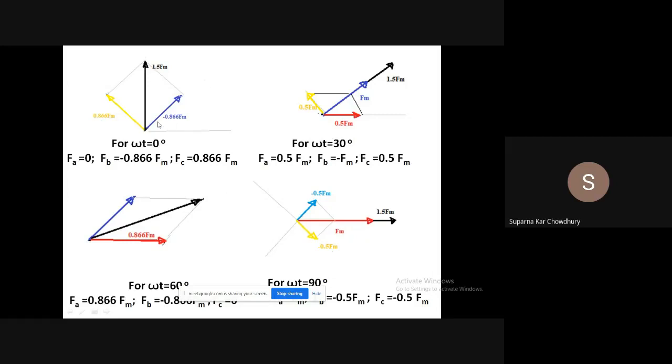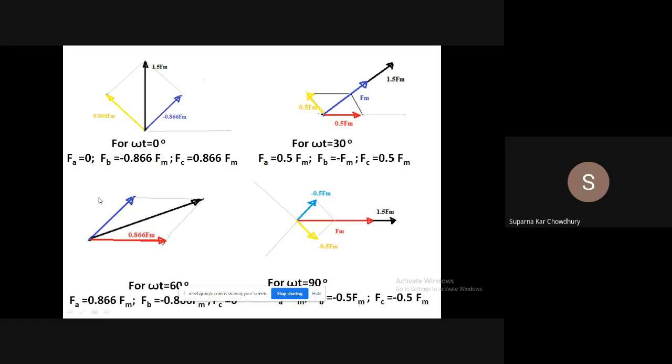In the pulsating field, the magnetic axis was constant and stationary, and the magnitude was changing with time. Here the magnitude is constant, but the magnetic axis is changing with time. So it is a rotating magnetic field.